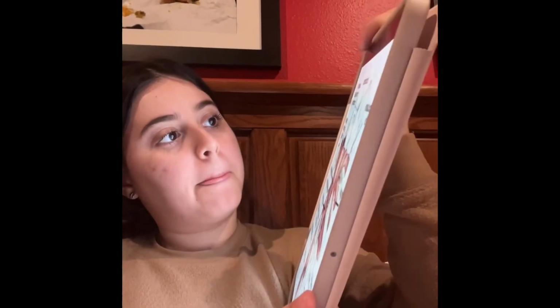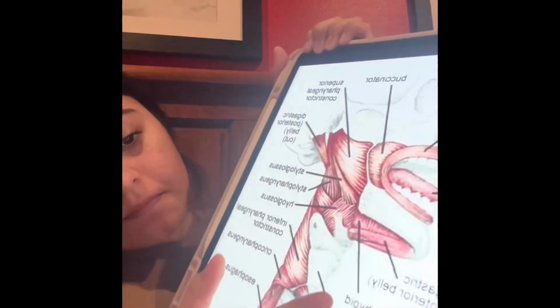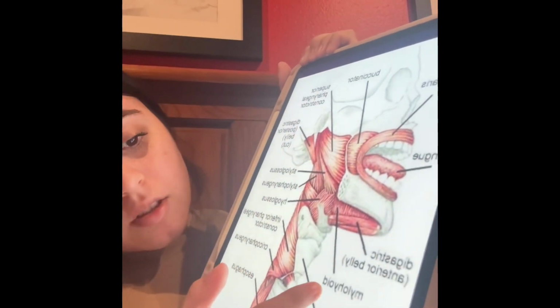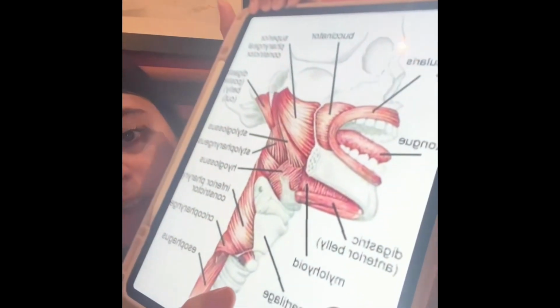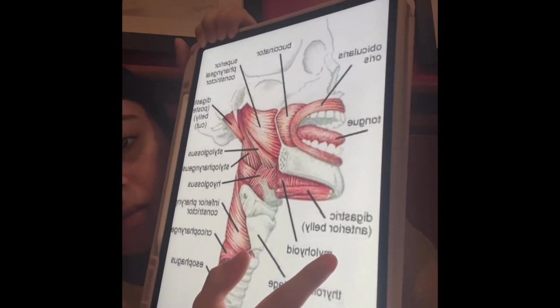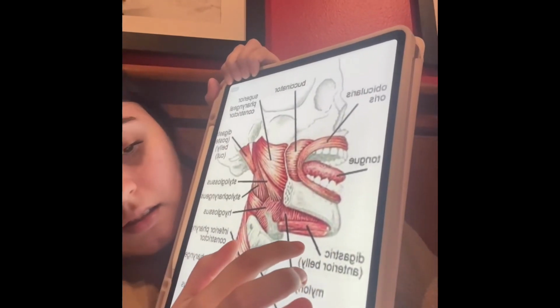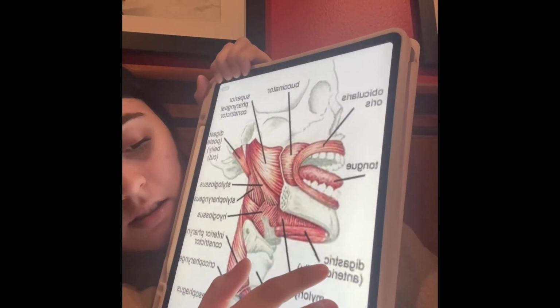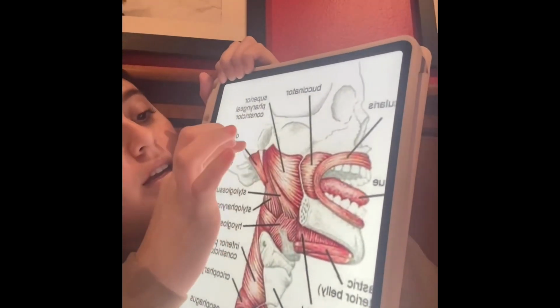In this picture right here, you can see it shows the mylohyoid right there, which is this area right here. The digastric anterior belly is right here, and then the top one is right here.